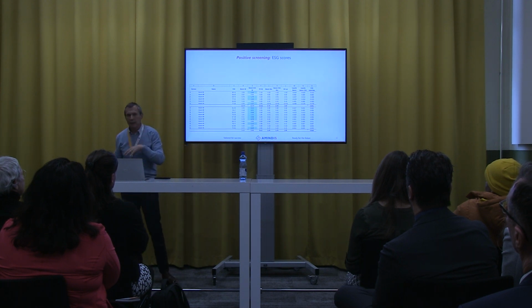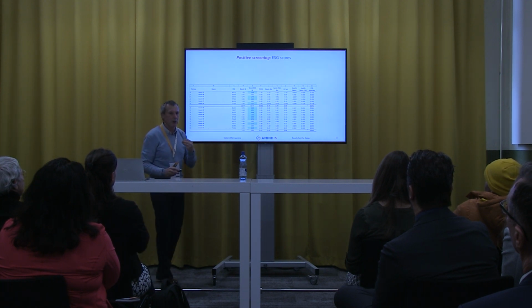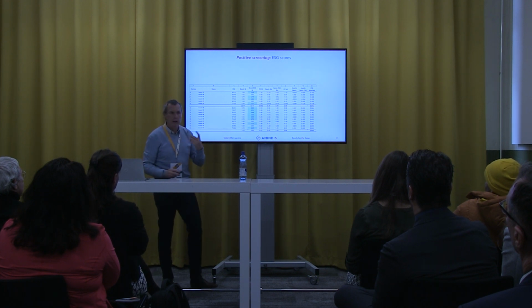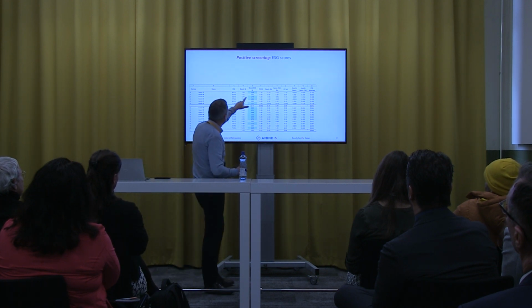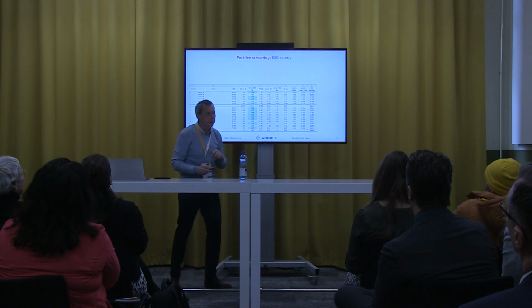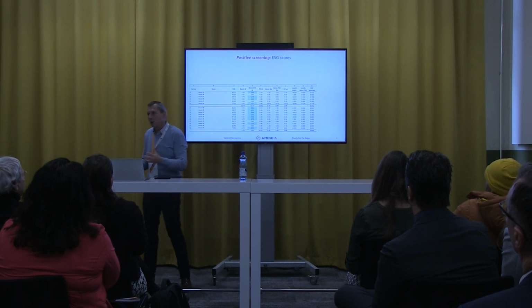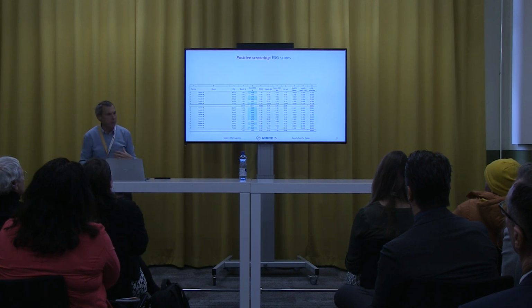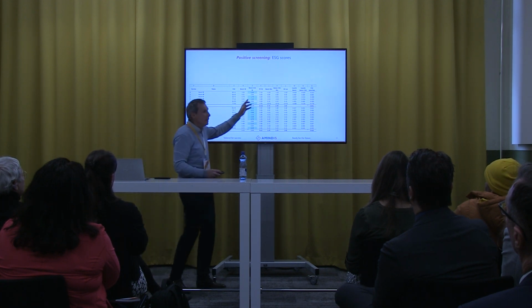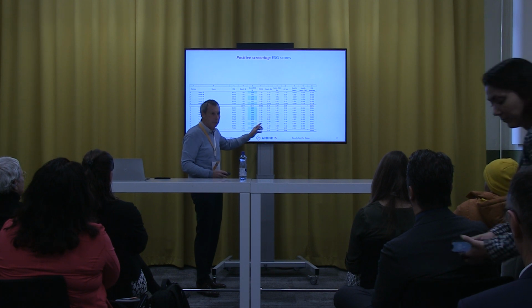But the ESG team, ESG integration, says that you should not invest in asset 20, not invest in asset 23, because the ESG score is too low from my point of view. So that's what I say, I limit my investment universe.